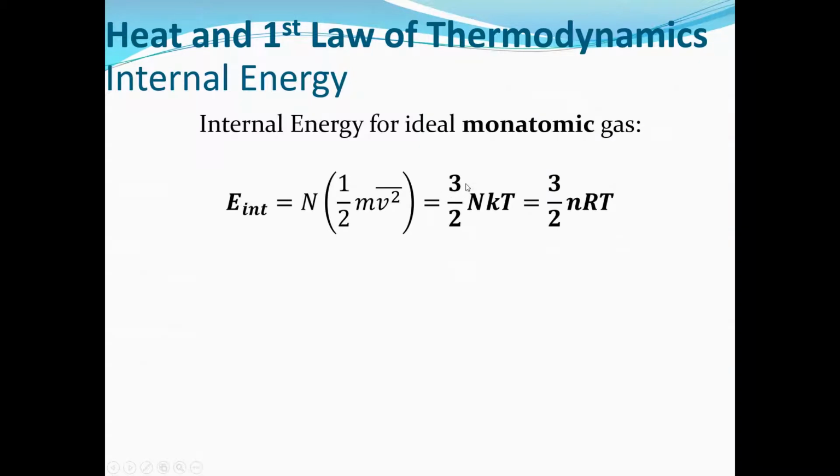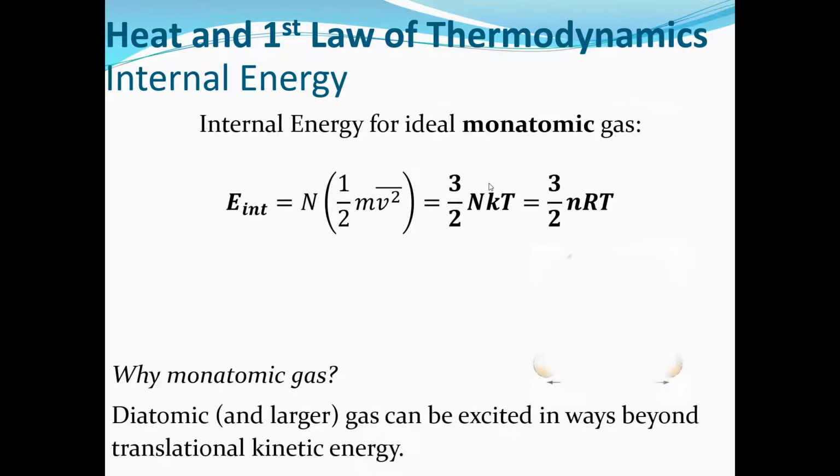One thing to note is that this 3/2 is actually important specifically for the monatomic gas. We'll mention this later on, but there is a slight difference in this equation if we start dealing with stuff like diatomic and triatomic. Now, the reason why we're specifically focusing on monatomic gases is because this kinetic energy that we're looking at is pretty much limiting the motion of the particles.